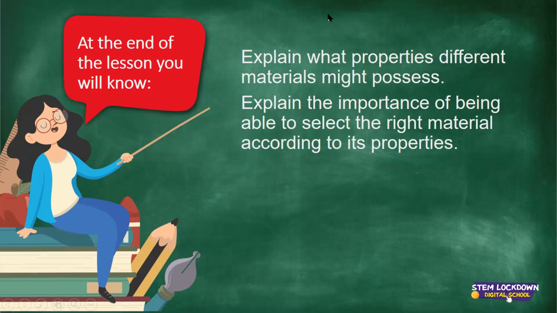For example, if you have plastic, what properties does the plastic have? If you're using a table, you know that a table is made from raw material, which is wood. We will be specifically looking at properties of wood.